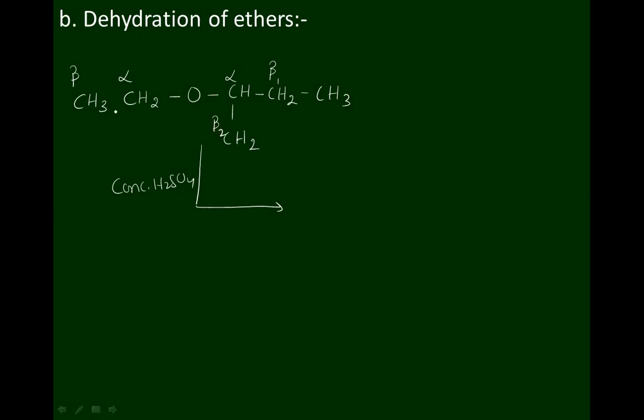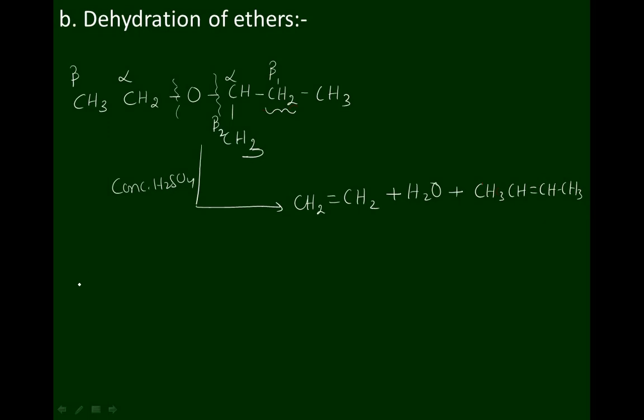First here, dehydration takes place to form CH2=CH2. Now on both sides the bond breaks along with a water molecule, plus H2O. One hydrogen atom from this side, one hydrogen atom from this side, and oxygen to form water. From which beta carbon should I remove the hydrogen atom? From this beta carbon atom I should remove the hydrogen atom. Therefore we get CH3, CH double bond CH, CH3.